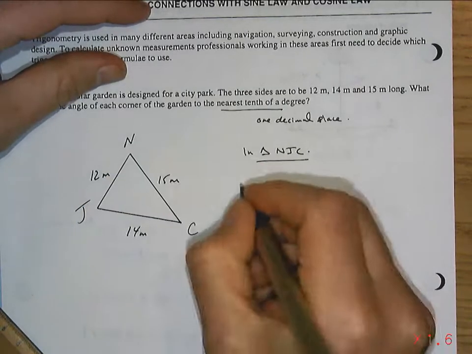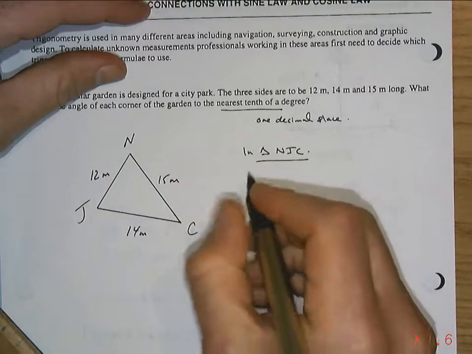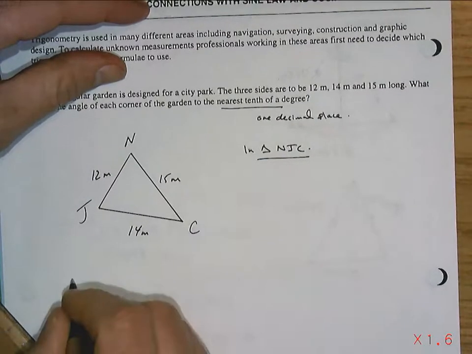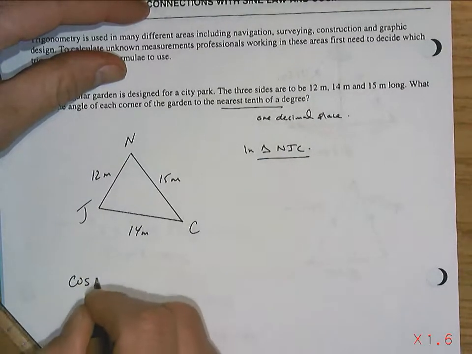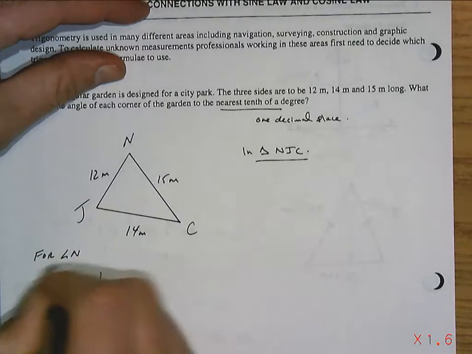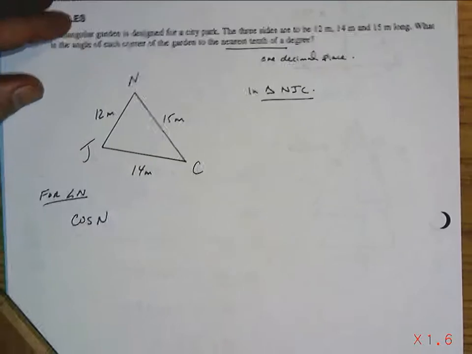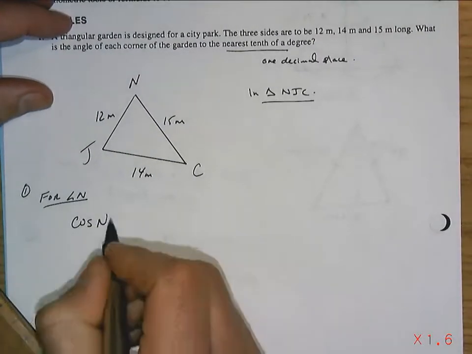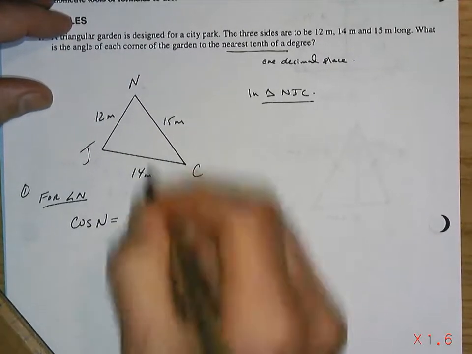So I'm going to go after angle N using the cosine law. I have lots of room, so I'm going to use it down here. Cosine of N, for angle N. Just keeping my work neat so I can follow through it. For angle N, the cosine of N is going to equal the other two sides, remember that.